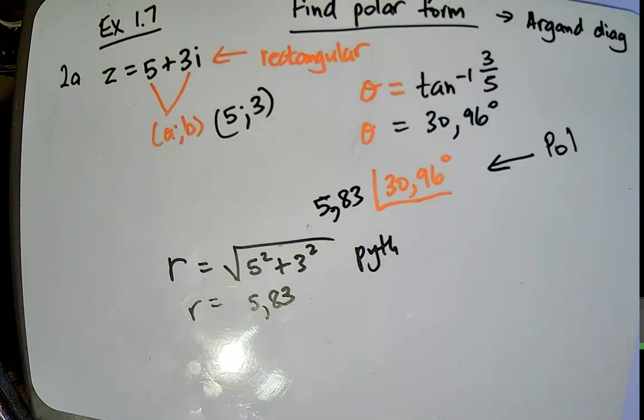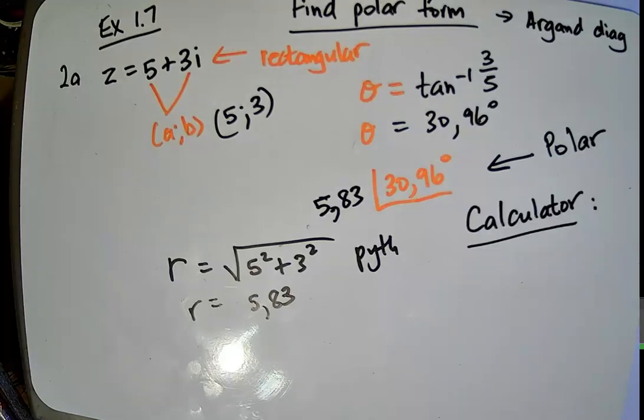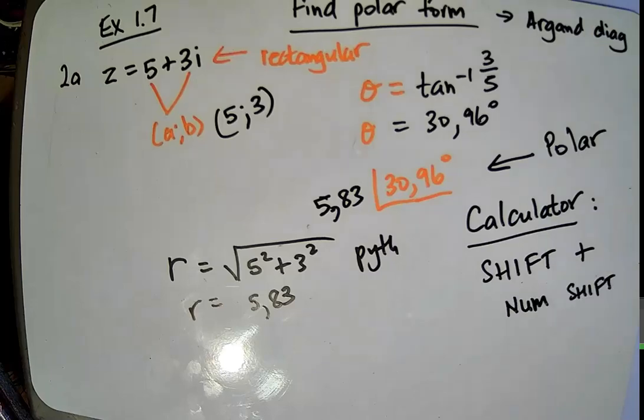We can use our calculator to also calculate this. So on the Casio calculator, you will press shift followed by the plus sign. Once you have that on your screen, it's going to show polar. Enter the number, and then you're going to press shift and the bracket sign.